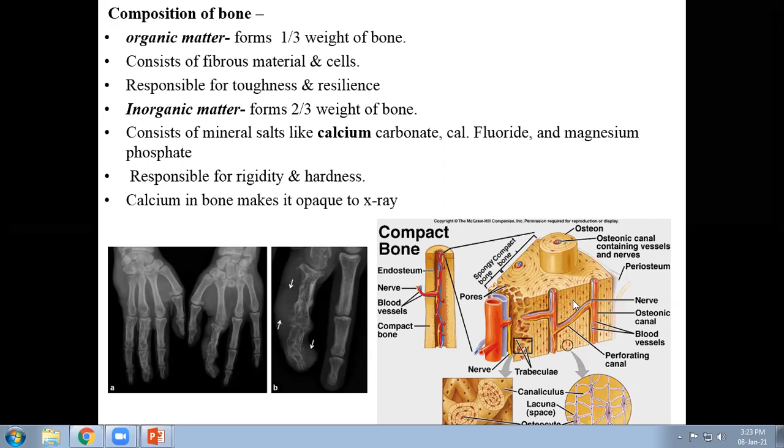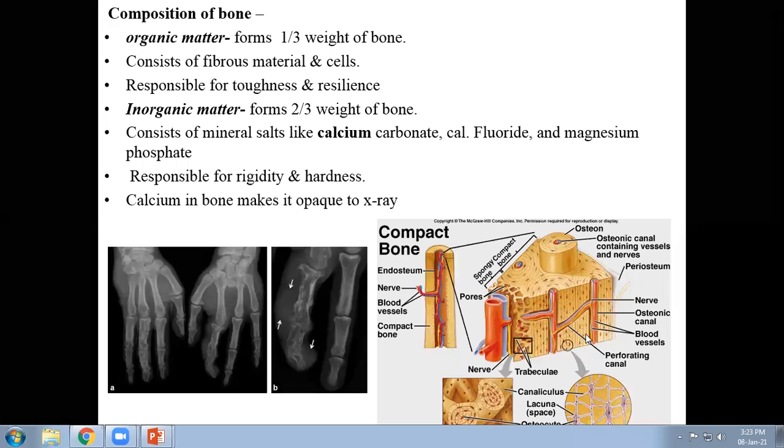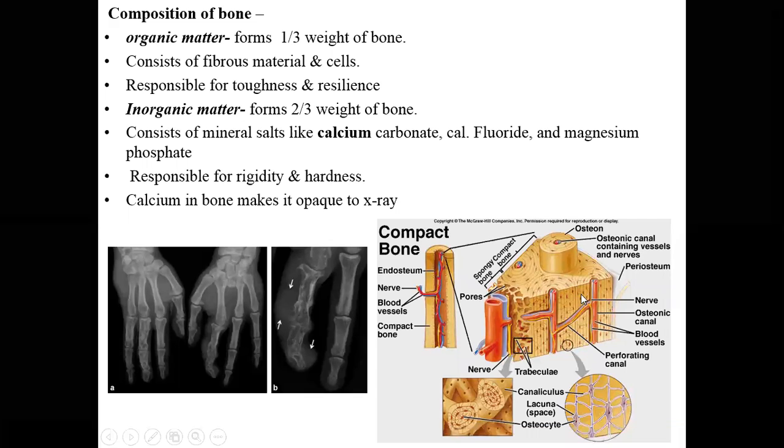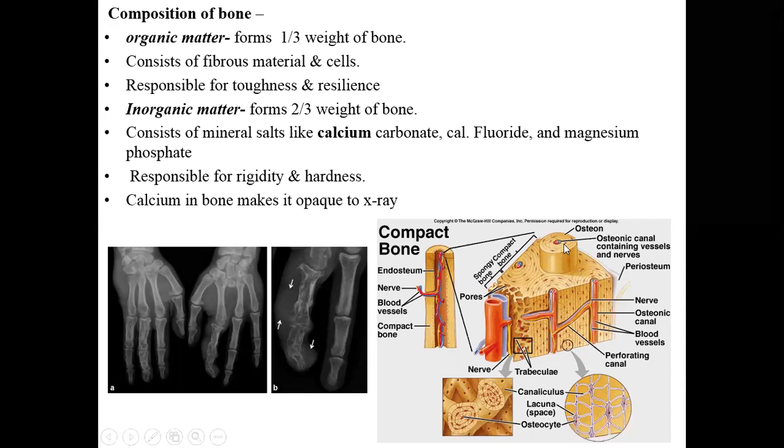Now on the right hand side, a bone structure is shown. A horizontal section and a longitudinal section are taken, and this is how a bone looks microscopically. The cells of the bone can be seen, and the blood vessels reaching the bone can be seen.